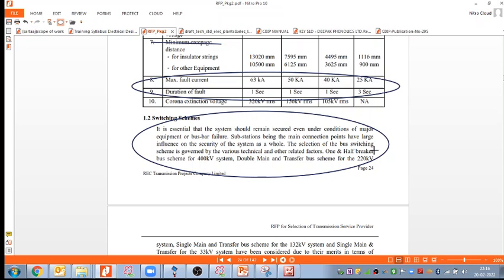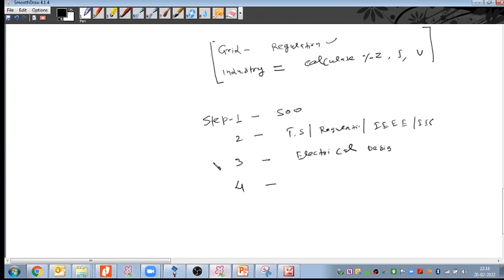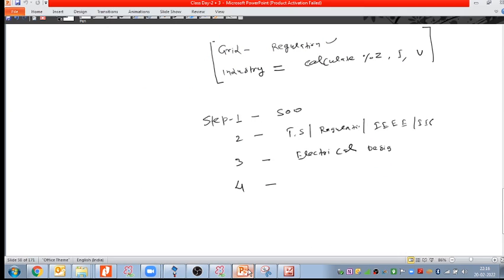The selection of the bus switching scheme is governed by various technical and other related factors. 1.5 breaker scheme for the 400 kV system, double main and transfer for the 220 kV system, single main and transfer for the 132 kV system, single main and transfer for the 33 kV system. So here is the table. We have to read what switching scheme is given in that project.